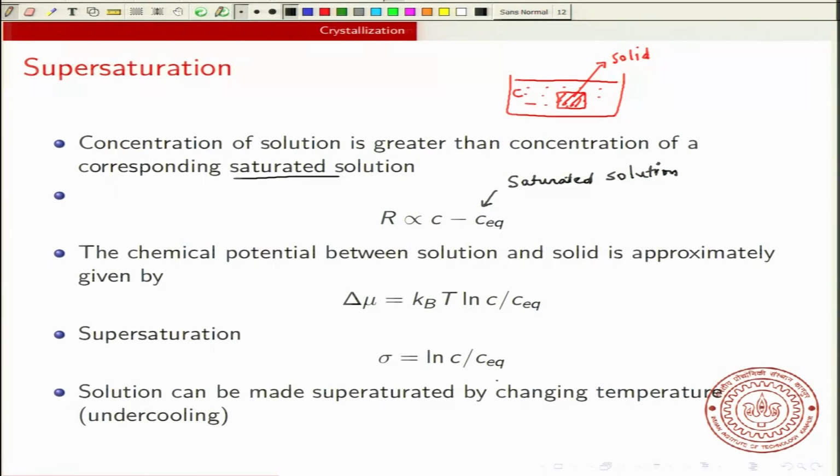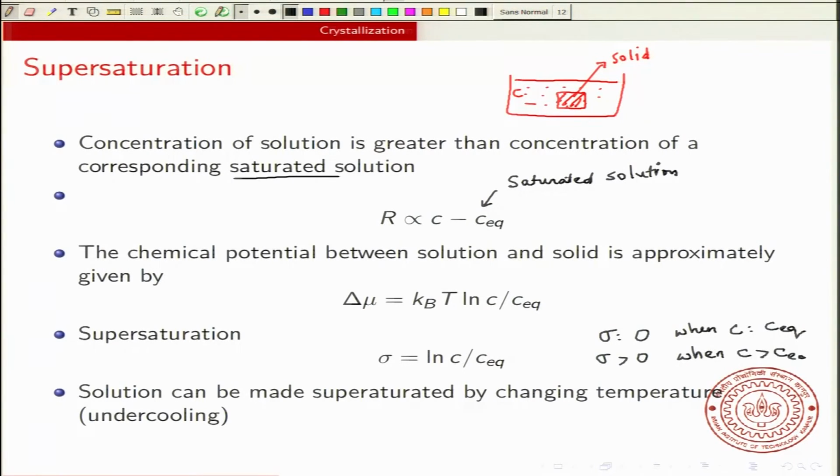Sigma equals 0 when C equals C equilibrium, and sigma is greater than 0 when the concentration is greater than that of the saturated solution.